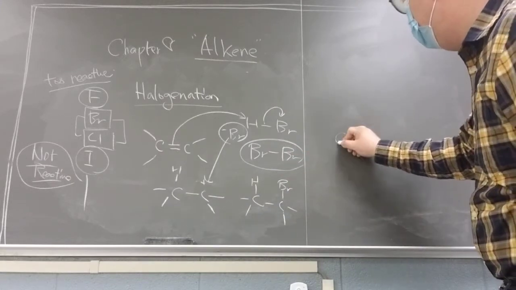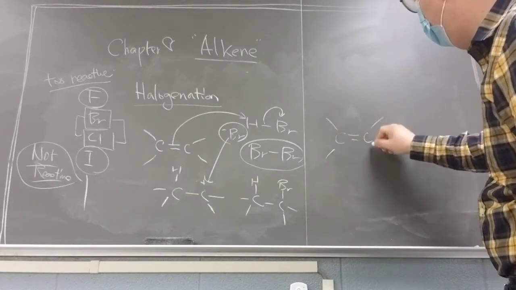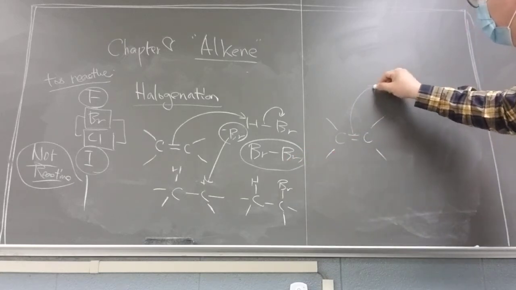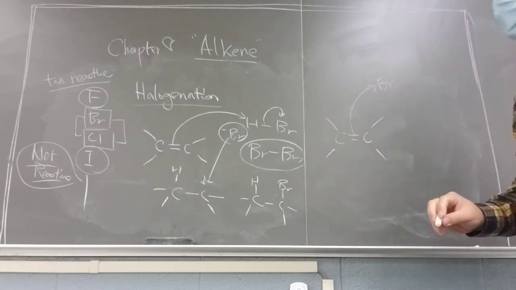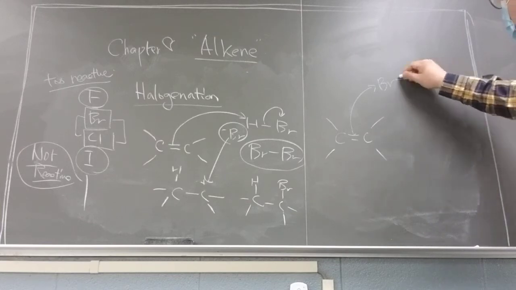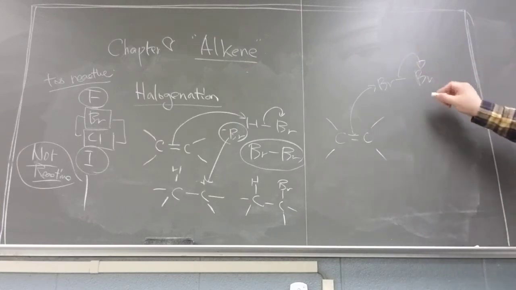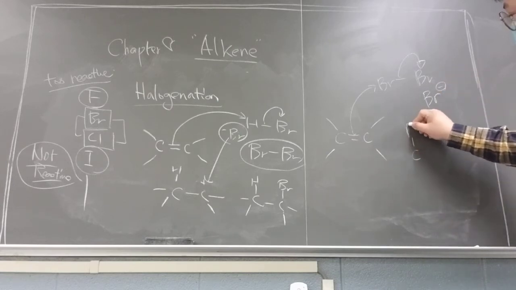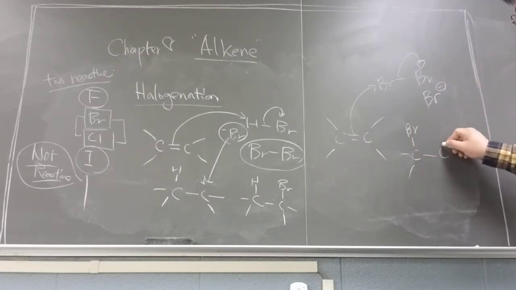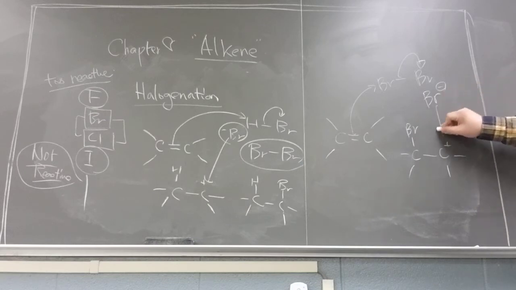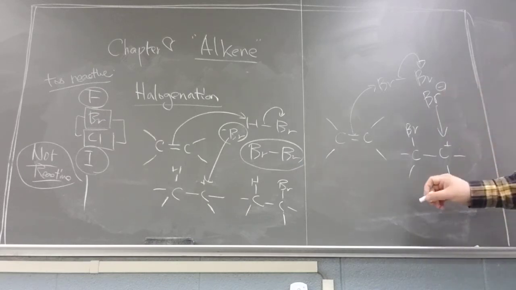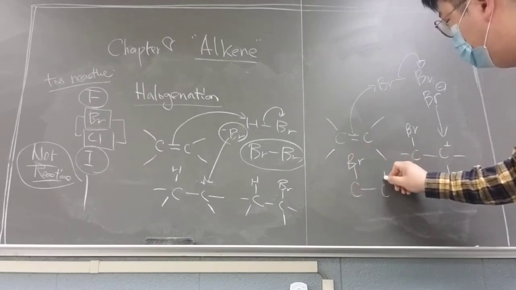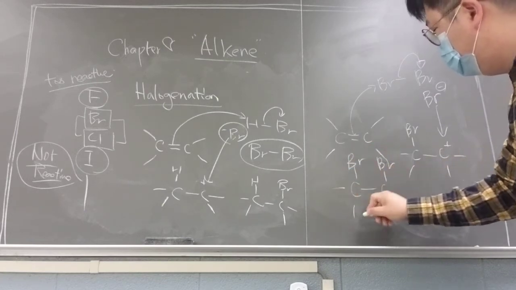So maybe the earlier chemists were thinking, oh, they may do the same job. So they attack here, and then maybe this pair goes to here, so they become charged. So this will be here, and now it starts here. So then they have this one.